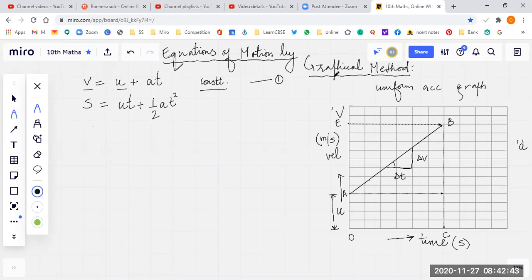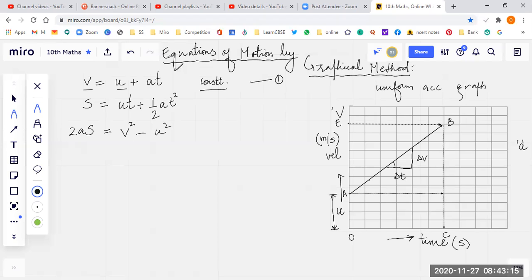The third we want to derive is 2as, 2 times acceleration times distance traveled, you can say displacement also. Whenever I say distance, consider it displacement because I'm talking about velocity. 2as is equal to the square of the final velocity minus the square of the initial velocity.